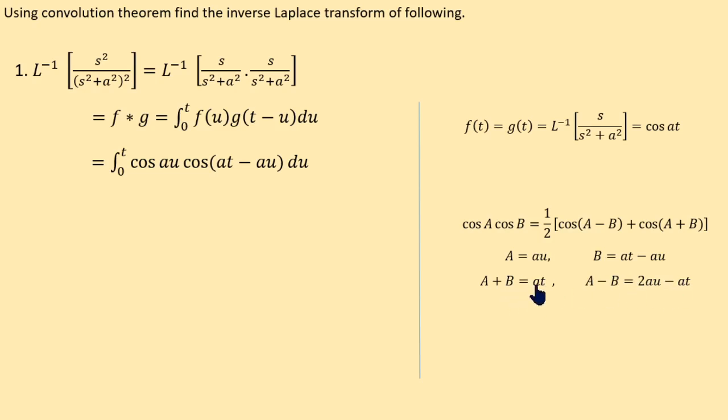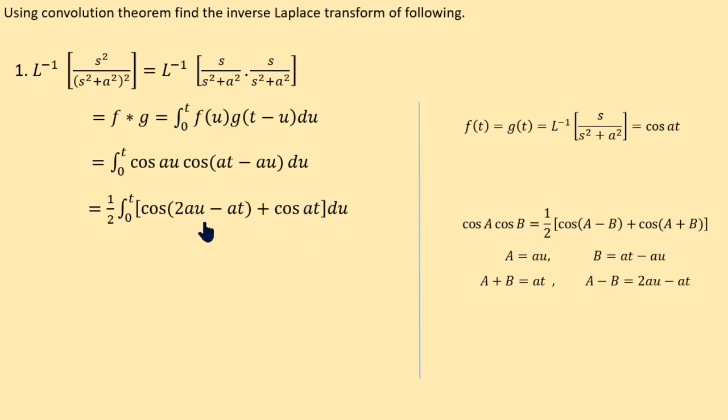Substitute these two, A plus B value and A minus B value here, therefore this integral is nothing but half into integral 0 to t cos of A minus B, that is 2 a u minus a t, plus cos of A plus B, that is cos a t.